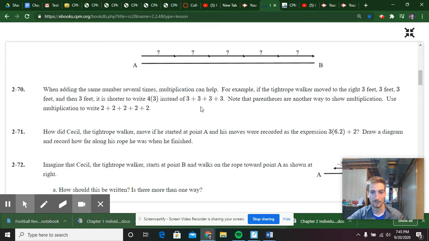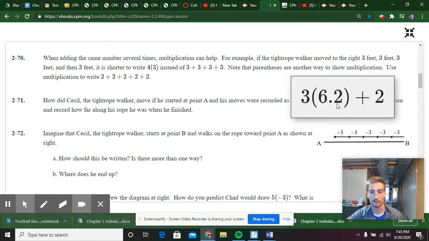All right? So if we look here at 3 and then in parentheses 6.2 plus 2, well, this is saying 3 times 6.2, whatever that would give us, right? 18.6 plus 2. What would that put us at?